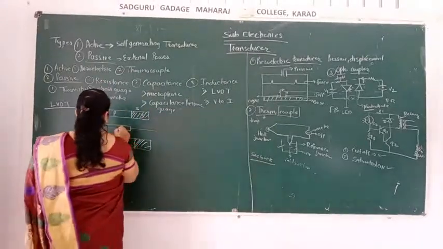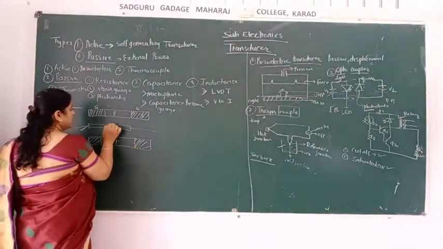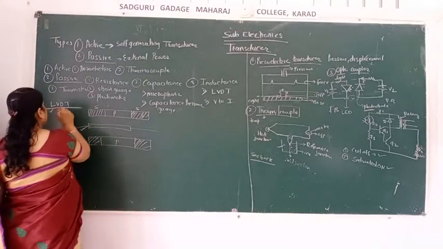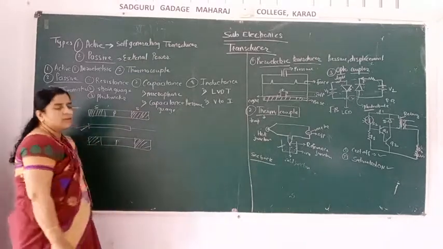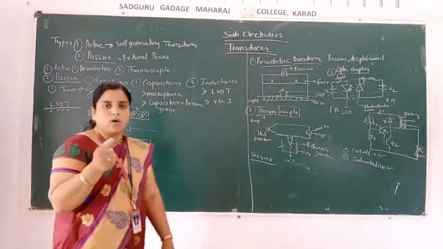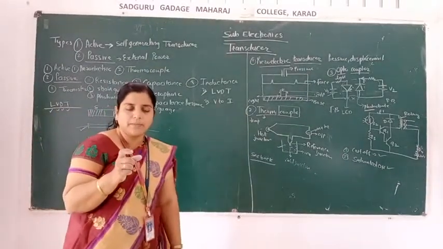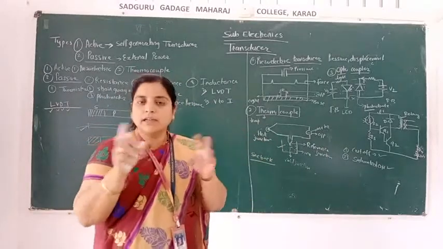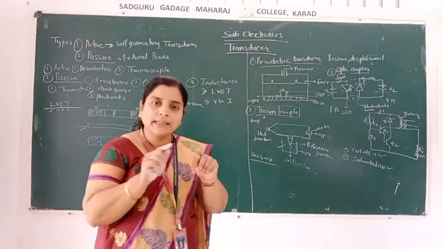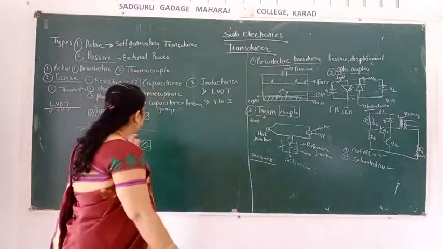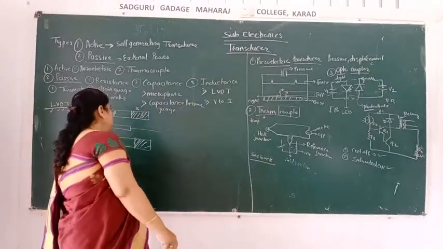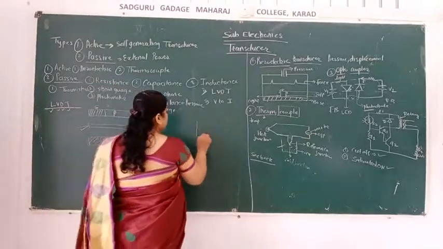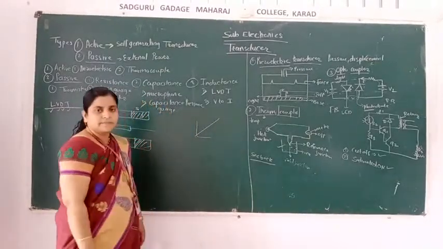So this is the movable core. Linear variable differential transducer means what? It is variable, but that variable form is not random. It does not move randomly, it moves in a linear form. Linear form is what? Left side or right side. Linear means what? Like this, a straight line.